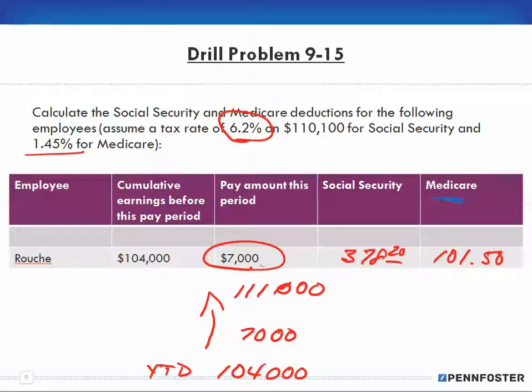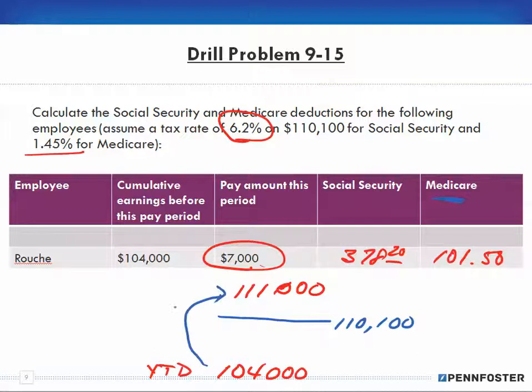Now, if his wage is 111,000 and the limit here is 110,100, even though he's being paid the additional 7,000 to get there, he's not taxable for the entire amount.